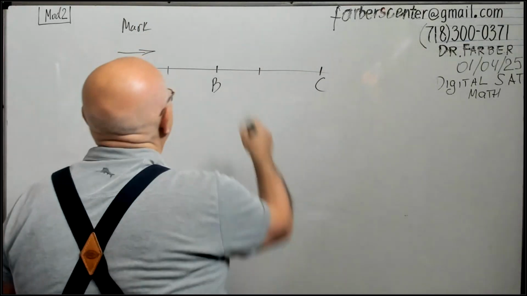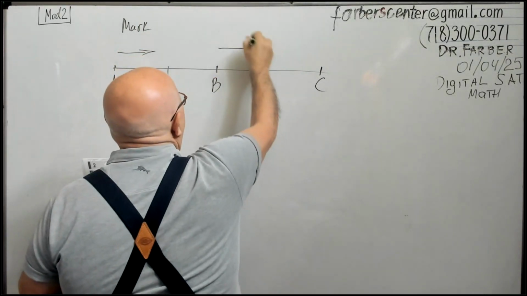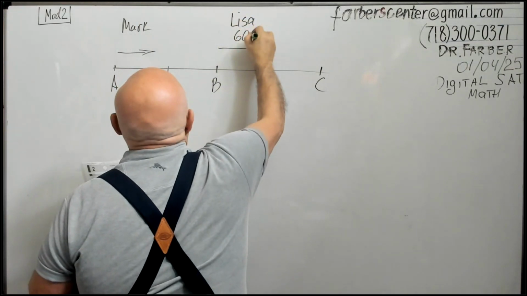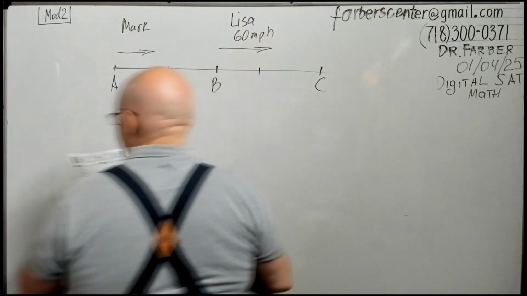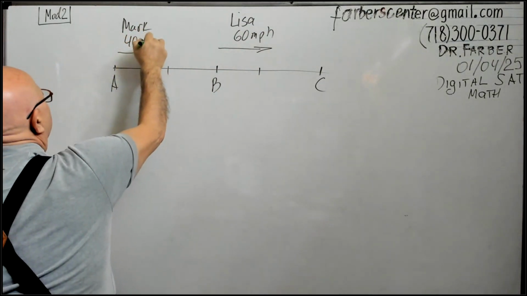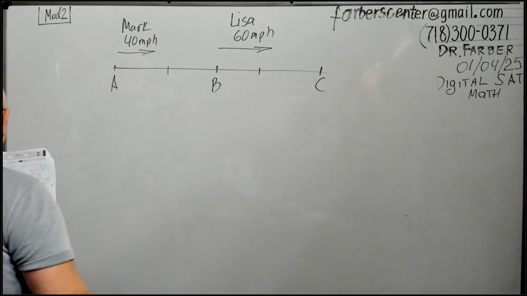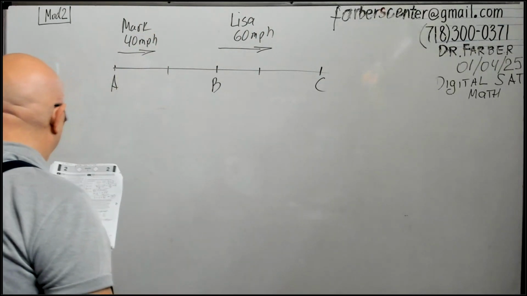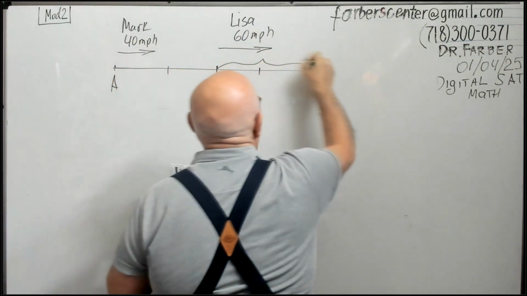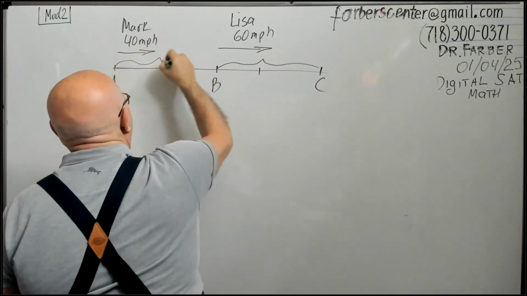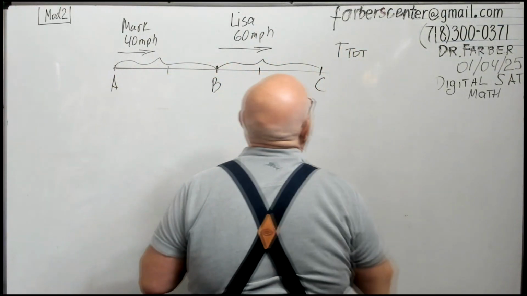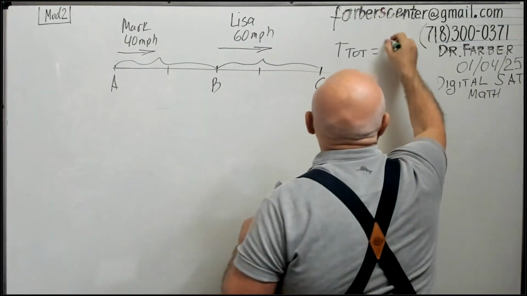And Lisa drives 60 mph. Mark, how many? 40 mph. And what is the question? How many hours? And this is this and this is the same. And total time is 4 hours.